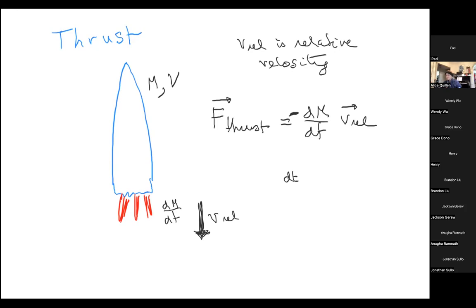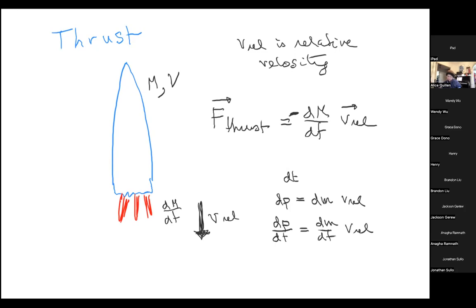Because this is relative to the rocket, the propellant has to be accelerated so it reaches a different velocity than the rocket. So the change in momentum for a little parcel of mass, dm, is equal to dm times the relative velocity. That means the change in momentum rate is dm dt v rel.